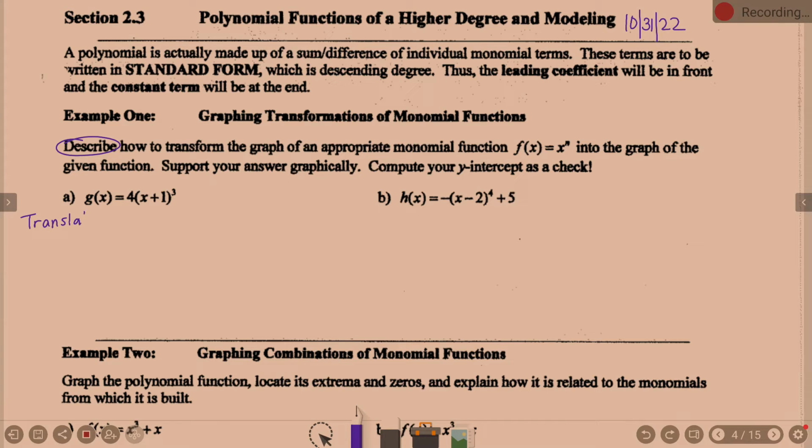I'm just going to put it right here, and then next to it, I'll do the graph. So we're going to translate the graph of y equals x cubed 1 unit left and vertically stretch by a factor of 4.